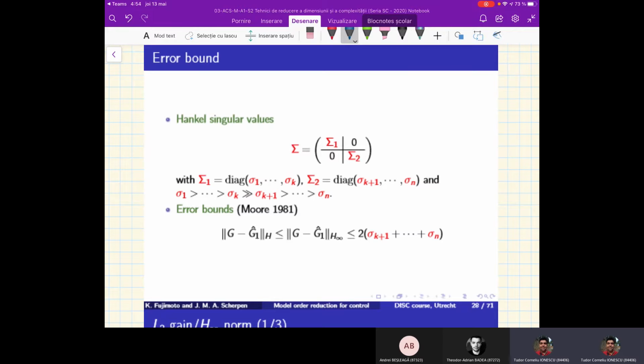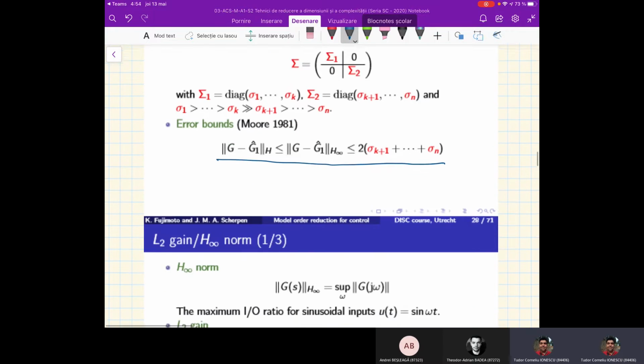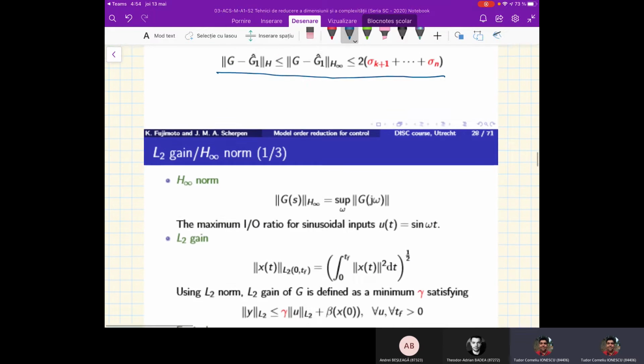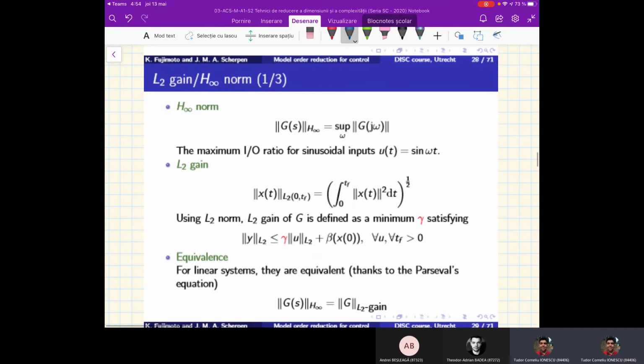And then you get this wonderful property that you have an error bound on the infinity norm of the error given by twice the sum of the truncated Hankel singular values.